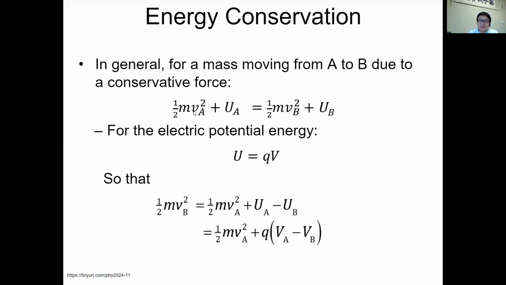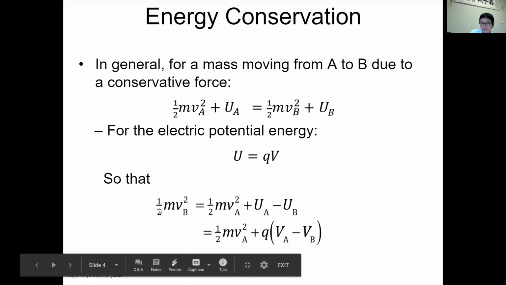So there are two V's here. Small v is the speed, capital V is the electric potential. Then you can rewrite the equation as kinetic energy at point B equal to kinetic energy at point A plus Q times the difference in potential between points A and B.